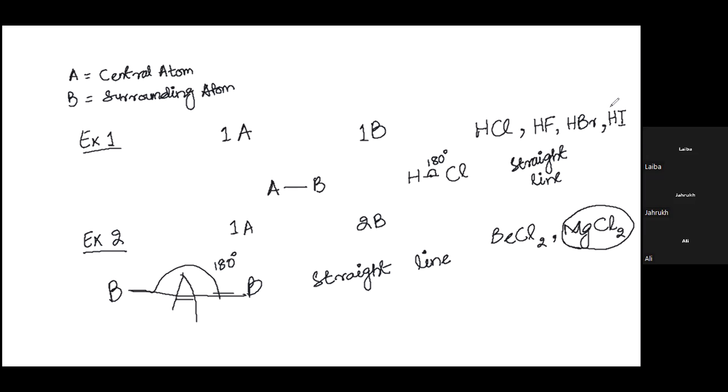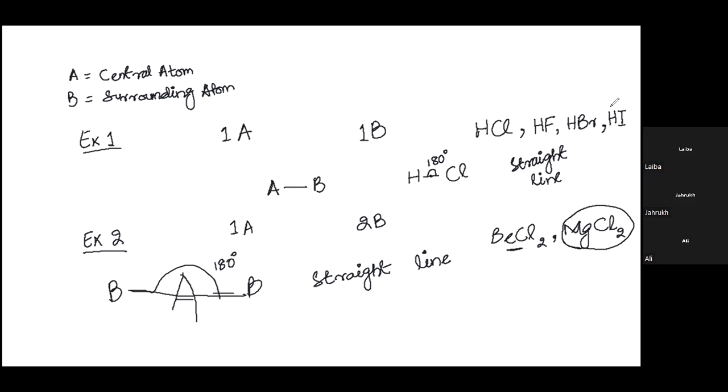This is as close to a covalent example as I can get, with beryllium being the central atom and both of the chlorines surrounding it. Any other example, magnesium chloride, calcium chloride, would be more ionic than covalent, since those are pretty good metals. Beryllium is not as good a metal as magnesium or calcium or the other ones in group 2 are.